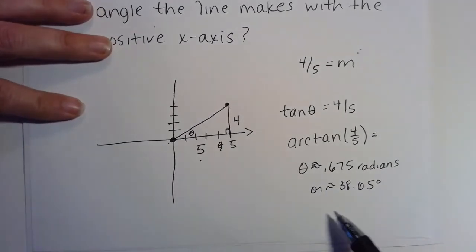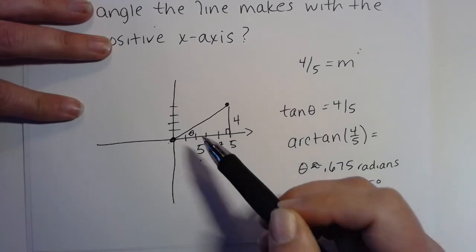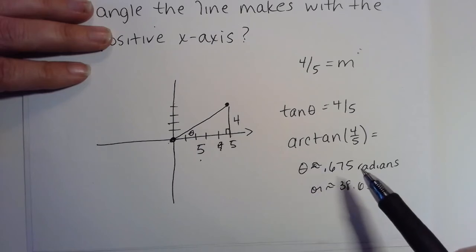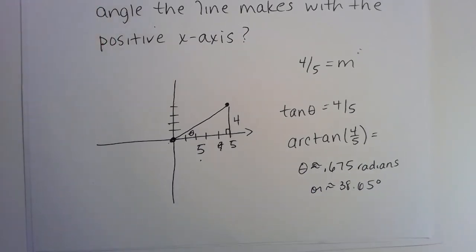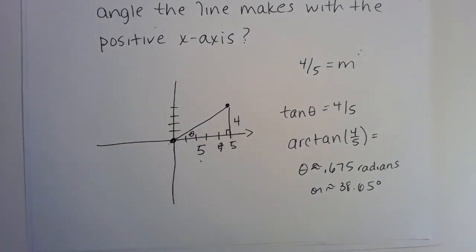Now in radians, I would expect about this, because 1 radian, if you remember, is just slightly under 60 degrees. So this is a little bit more than half. So this falls right in the ballpark of where I would think it would be. Okay, and this angle does look kind of small here. So those are some applications of our inverse trig functions.